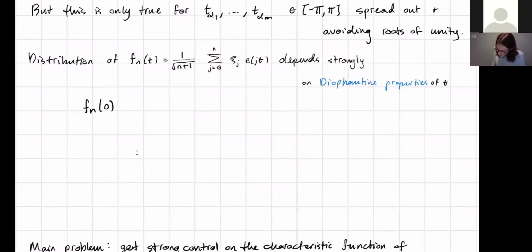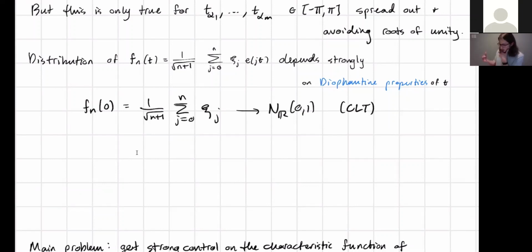If you look at this field at this root of unity, this is then just a normalized sum of IID variables. Let's say that these are Rademacher. This goes to a real Gaussian by the CLT. So we've got a comparison to the Gaussian case. This root of unity seems fine, but it does this at the slowest possible rate.